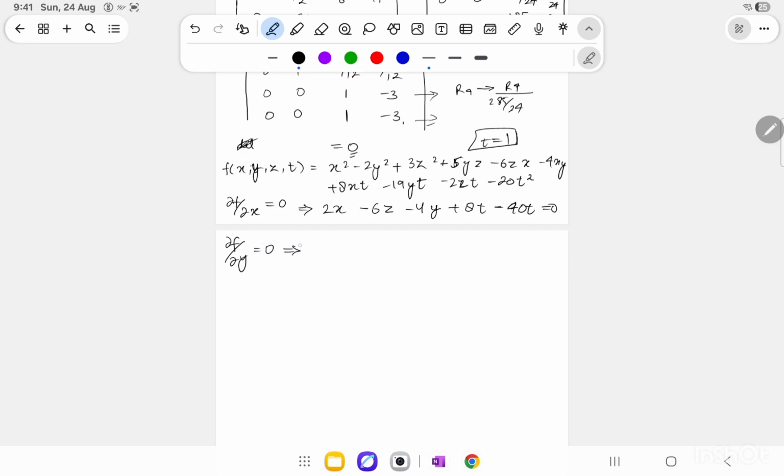From here, I'll get minus 4y plus 5z minus 4x minus 19t minus 40t equals to 0. Likewise, from del f by del z equals to 0, I will get 6z plus 5y minus 6x minus 2t minus 40t equals to 0.